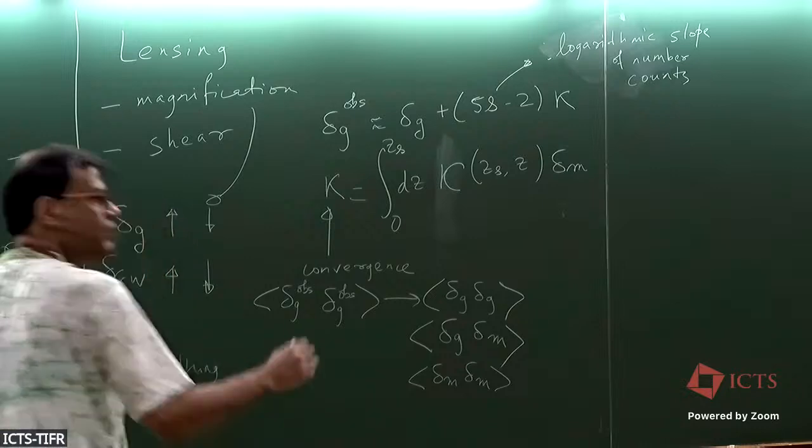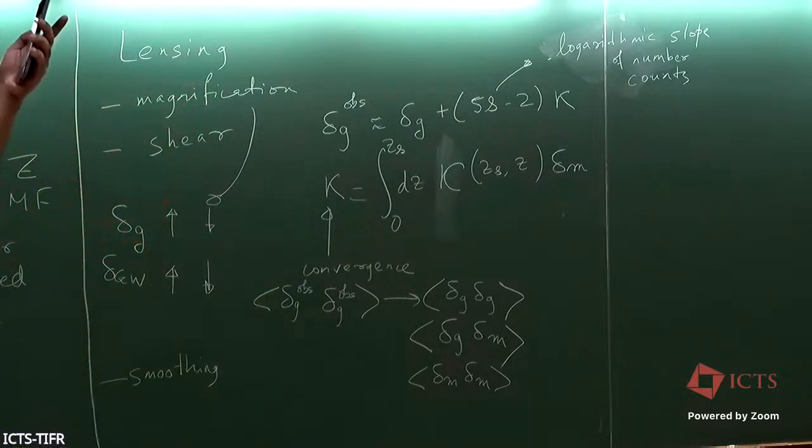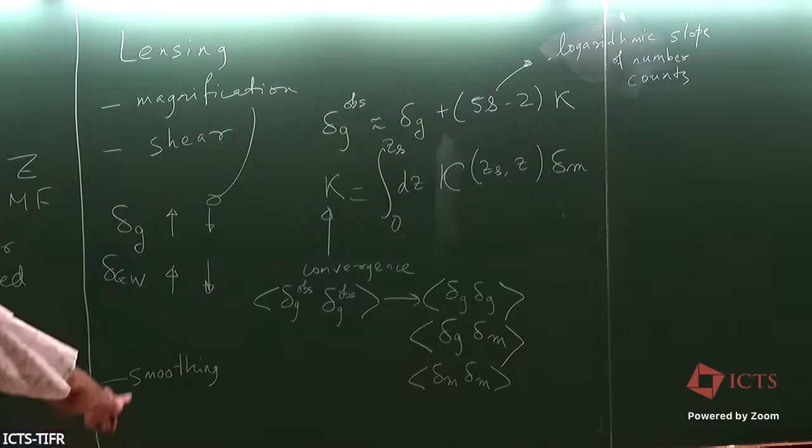Because of lensing, the angular positions of the sources are changing because they have moved away. Because of that, there will be a smoothing in the power spectrum, and that will depend on how strong the lensing is. All these things can in principle be calculated. And this smoothing will again smooth out the power at small scales.